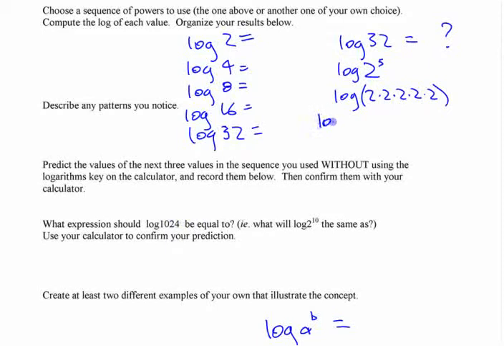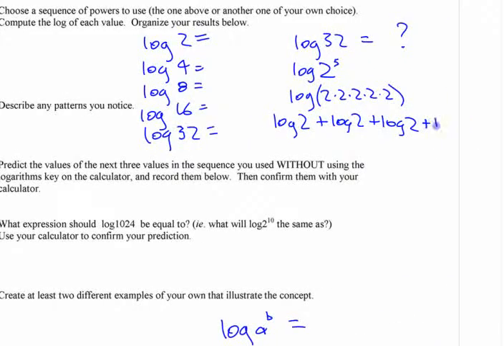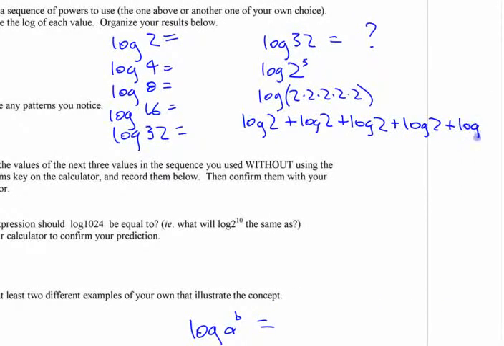Same as log of 2 plus log of 2 plus log of 2, plus log of 2 plus log of 2. I guess I should have picked a smaller number. There's 5 of them there, right? What would be the short way of writing that?